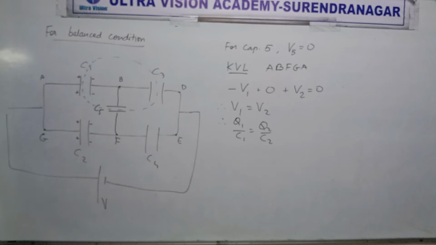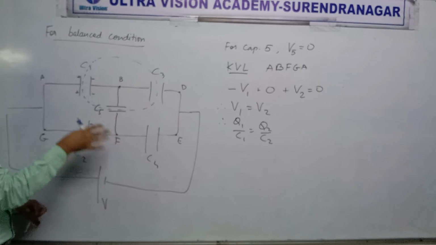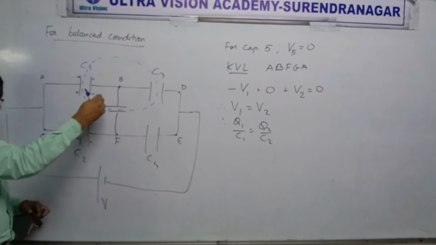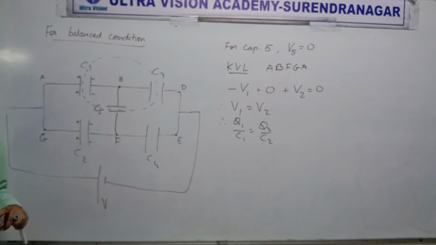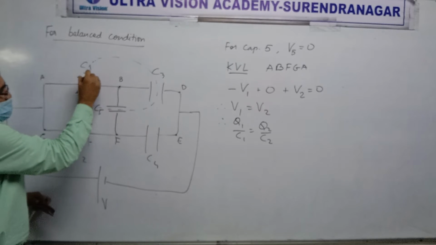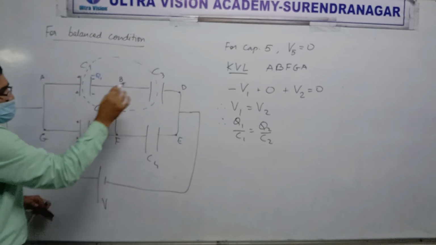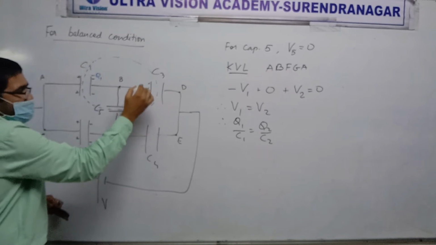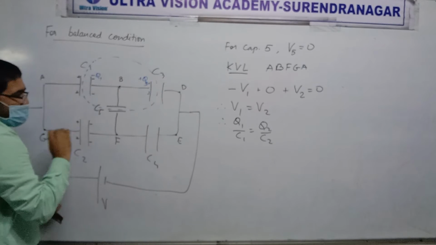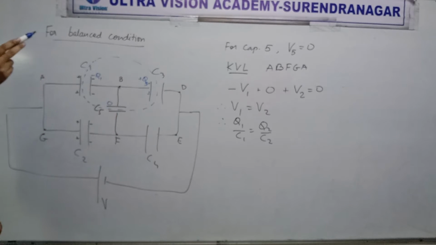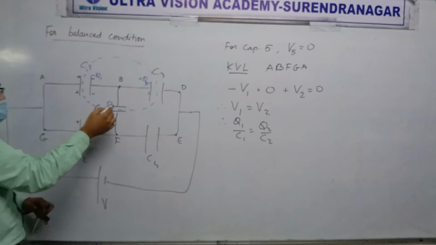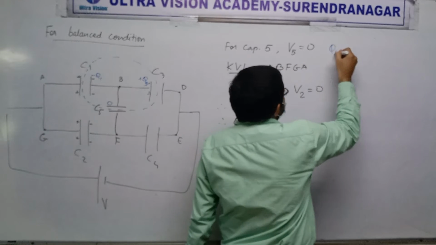Why? Because earlier it would be 0. When you don't connect a battery, it's not storing charge, so all the charges will be 0. An isolated system must do that. So if this is the negative plate, it stores minus Q1 charge, and this is the positive plate, it will store plus Q3 charge, and this will always store 0 charge, since V5 is 0, so the charge will also be 0.